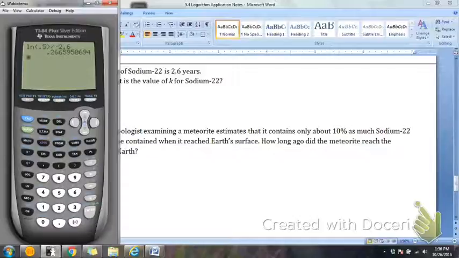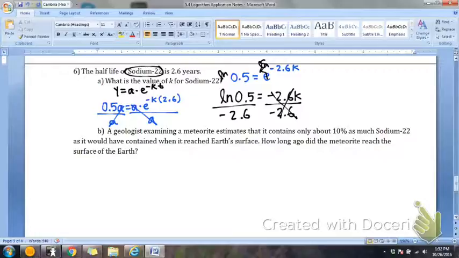Is that what you guys have? Yep. Okay, so let's use our k value as 0.2666. Let's use three 6s. Can we add a 5 or something? No. I mean, just do 0.2666.